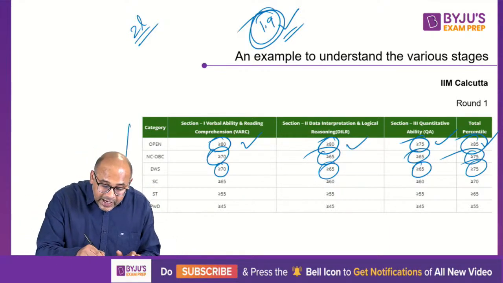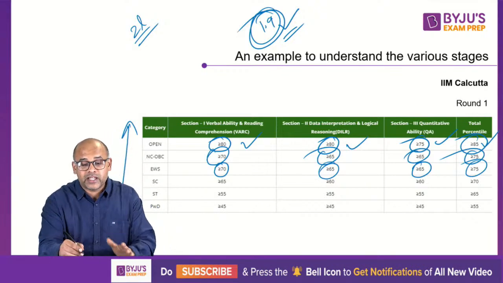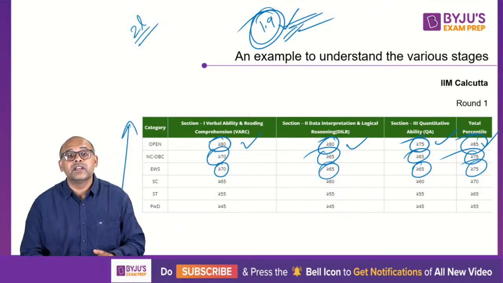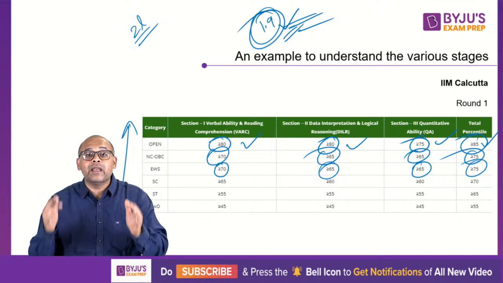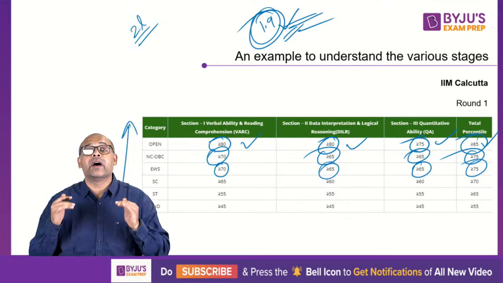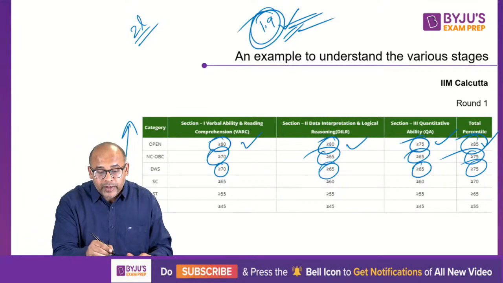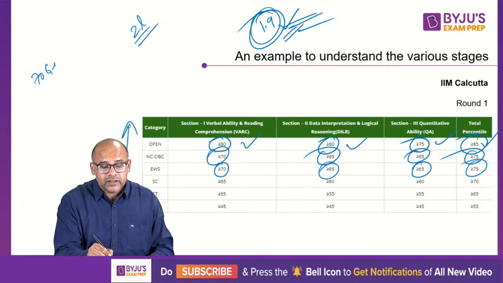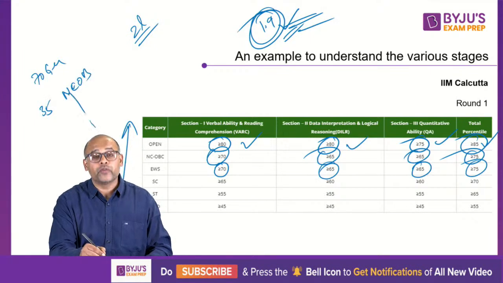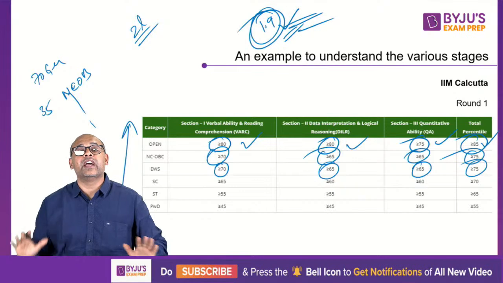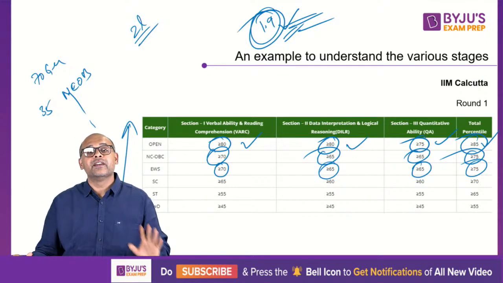So category-wise, I will split these 1.9 lakh students into those who meet my basic exam requirement. I will probably have 70,000 students in general, probably 35,000 students in NCOBC, and so on. I'll make a separate list for every category. This is my step 2.